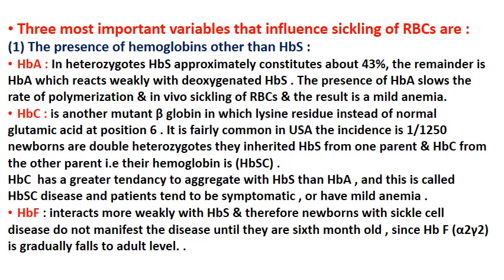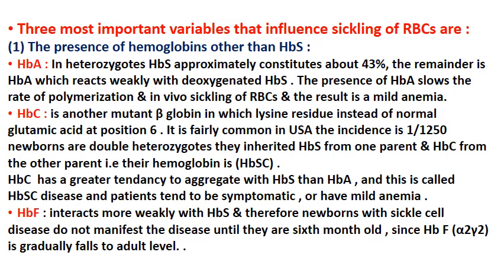The newborn babies are double heterozygotes. They inherited hemoglobin S from one parent, while hemoglobin C from the other parent. So the hemoglobin becomes hemoglobin S and C.